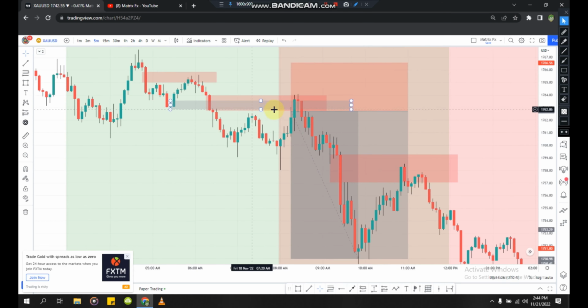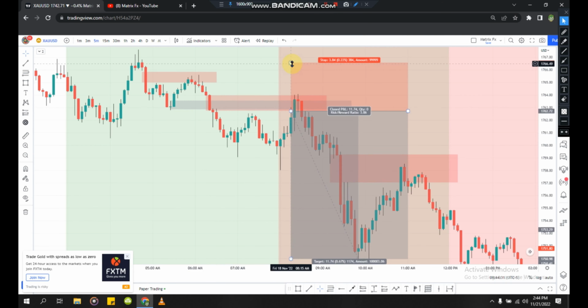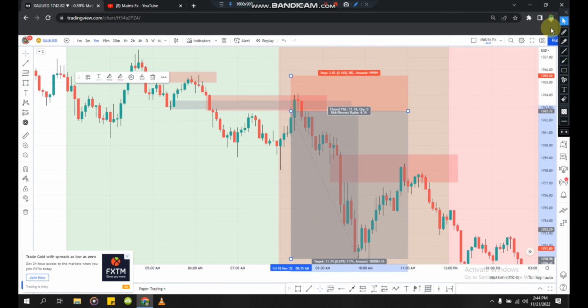So the entry is right there at the open of this fair value gap. Now, like I said in the sweep technique, your stop loss can be here, because if your stop loss is here, what if the market just trades through and fills in this fair value gap right here? You can see there's a little portion of the fair value gap remaining. What if the market comes up, fills that, takes you out before going down?